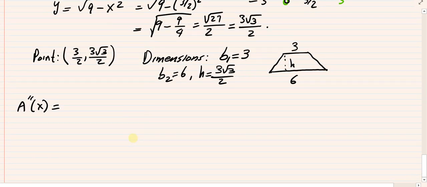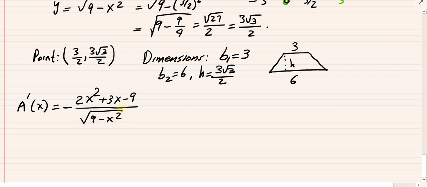So that is the derivative of, let me rewrite the derivative here so I have it for reference. Negative 2x squared plus 3x minus 9, divided by the square root of 9 minus x squared.